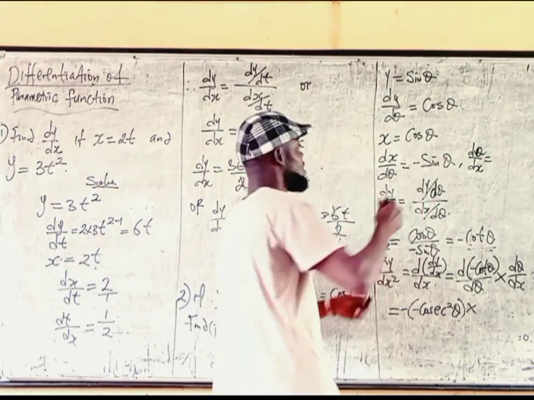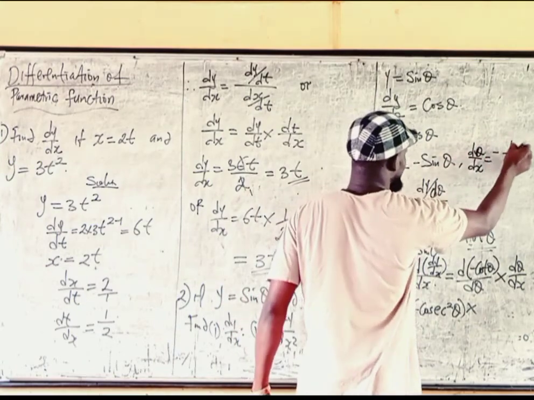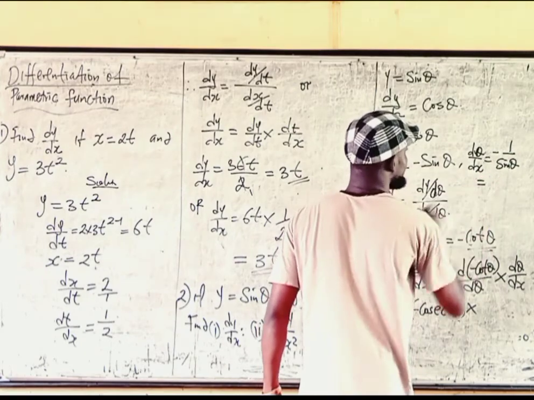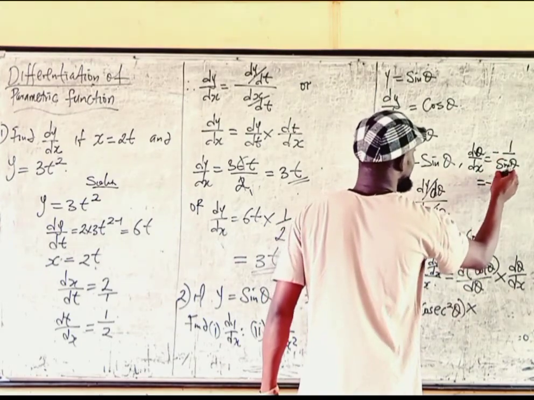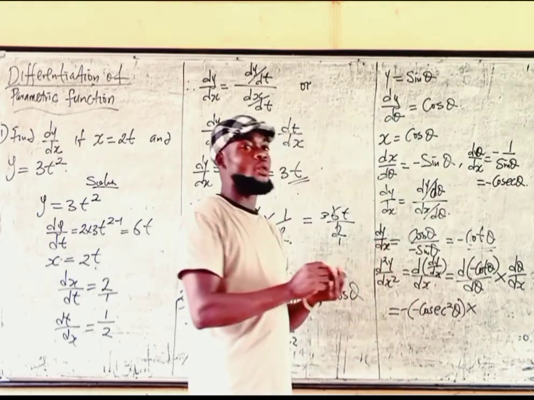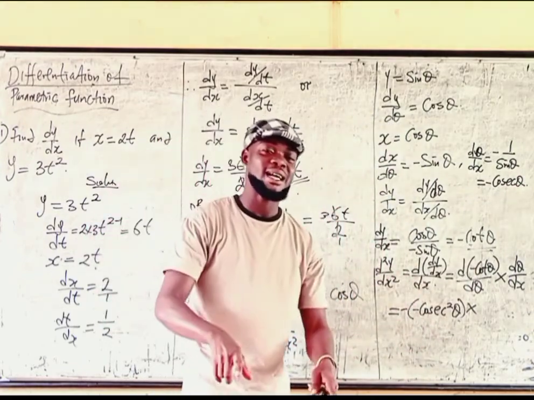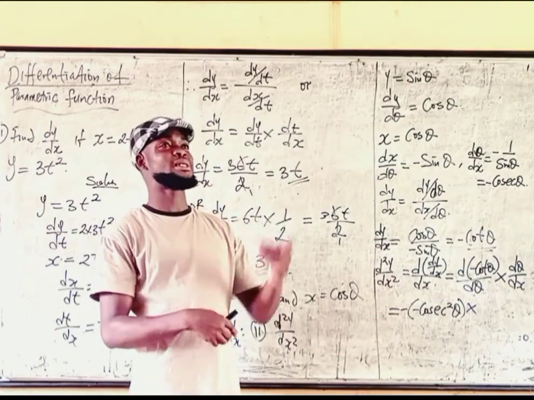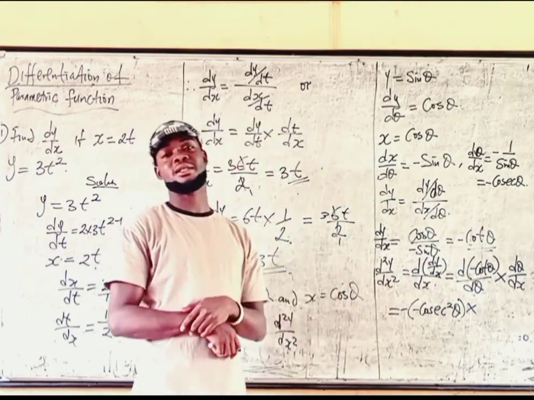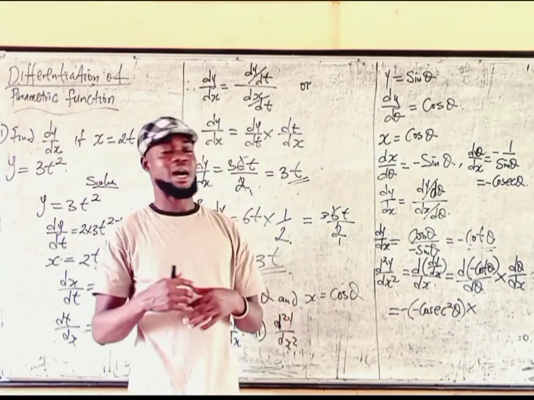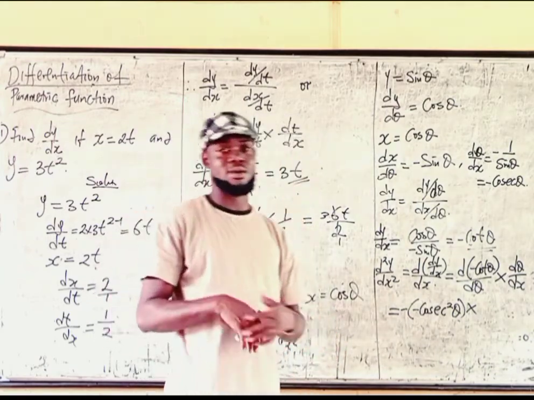Taking the reciprocal means it will now be minus 1 over sine theta, and this can also be minus cosec theta. Why? Because 1 over sine theta is the same thing as cosec theta. When you take the reciprocal of sine, which is 1 over sine, you're going to have cosec.